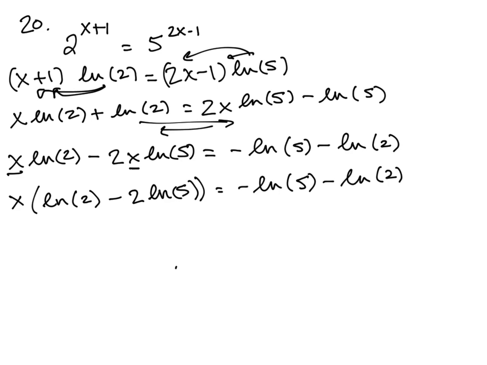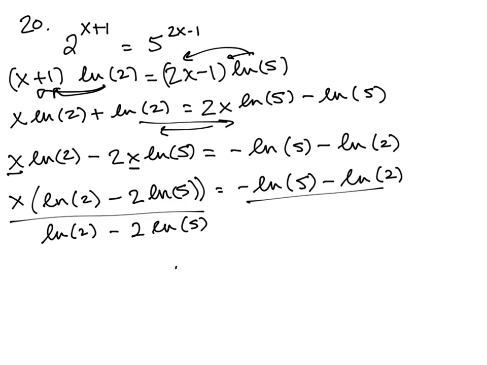Everybody okay? Still breathing? What's our last step to get x by itself? Say it louder. Divide. Divide by all this stuff that's not x. Divide by natural log 2 minus 2 natural log 5. Divide by that on both sides. And there's not really any simplification that I need from you.